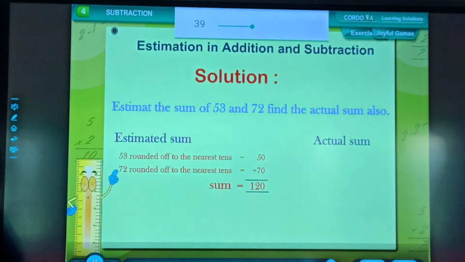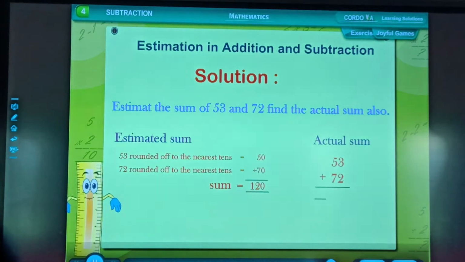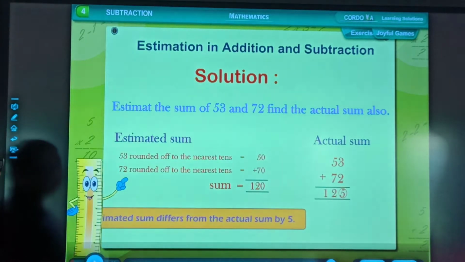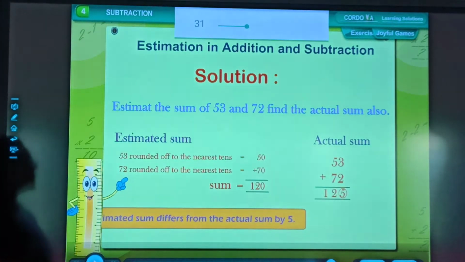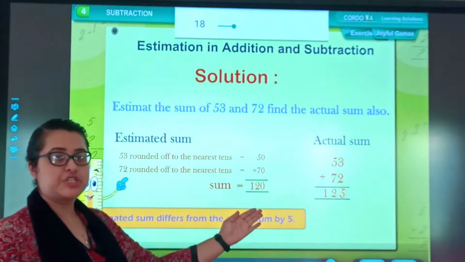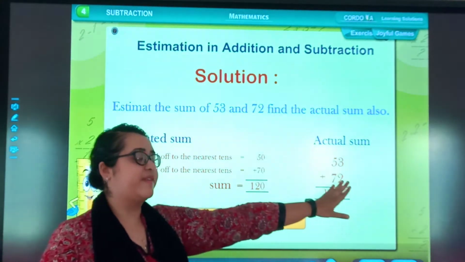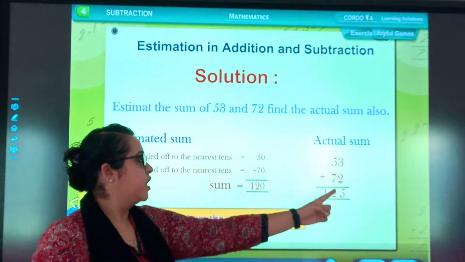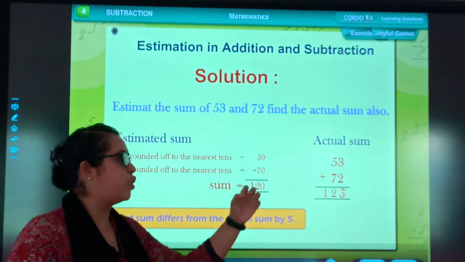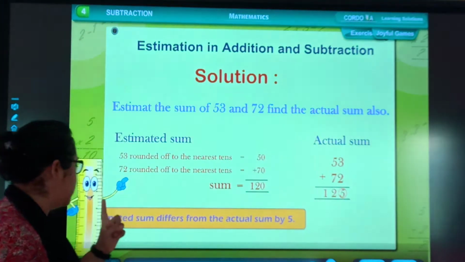Now we will first do the round off calculation, and then we will find the actual sum. 50 plus 70 is 120. Actual sum: 53 plus 72. Observe students, what was in the question? First we find the estimated sum, then afterwards the actual sum. You can see what the difference is. Almost 5 is the difference.